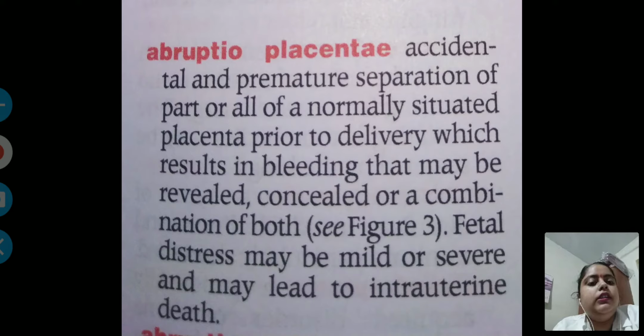During placental delivery, the placenta may separate, so it may result in bleeding that may be revealed, expressed, or concealed, hidden, or a combination of both. It may lead to fetal distress, mild or severe, or may lead to intrauterine death.